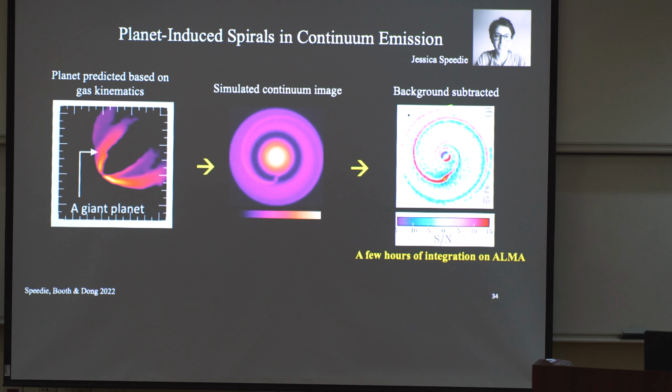This image now shows the signal to noise ratio of the spiral detection, and the noise is set using a few hours of integration on ALMA. So those kinematic planets can produce spirals that are detectable up to a signal to noise ratio of 15 with a reasonable ALMA program on the order of 10 hours. So they're detectable. Therefore, you can go out and look for them.